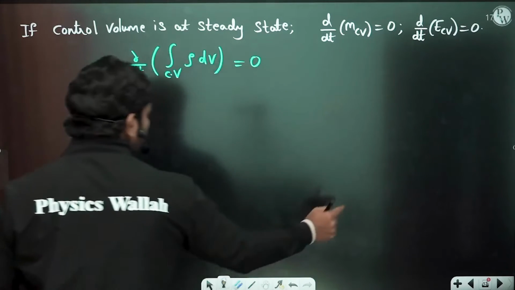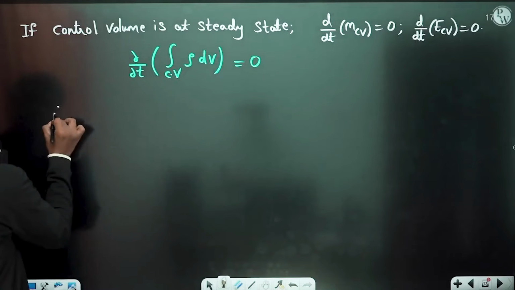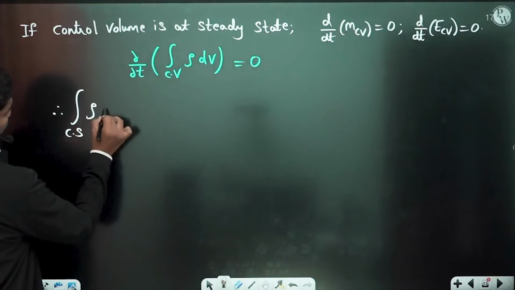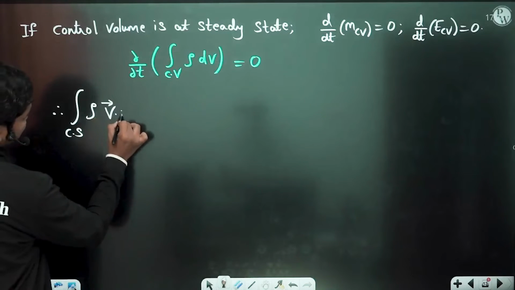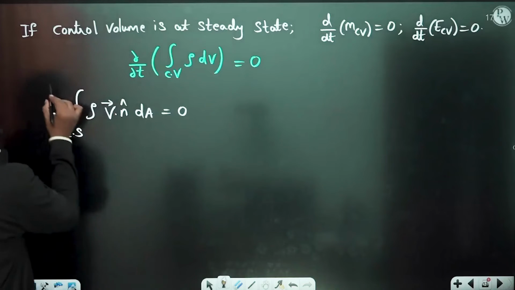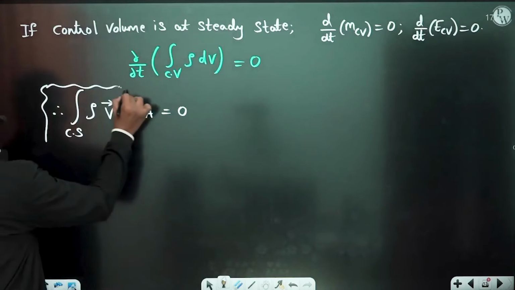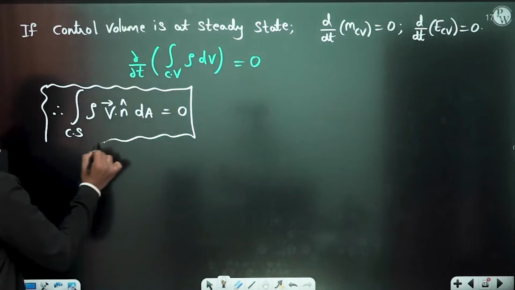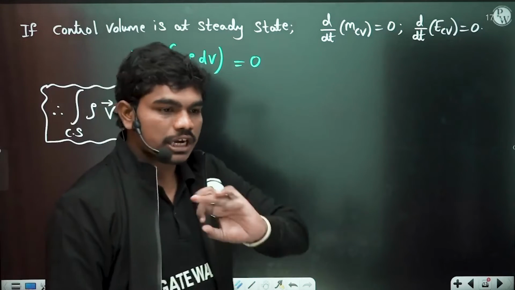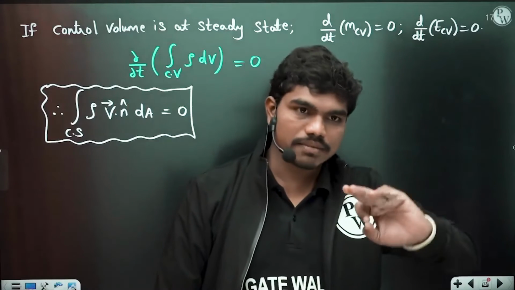So this term is also 0 because it is a rate of change with time. Therefore your equation implies the integral over the control surface of rho times v bar dot n cap dA is equal to 0 for steady state. What is the meaning of this? The net mass crossing the surface is 0. Whatever mass is coming in, the same mass should go out.